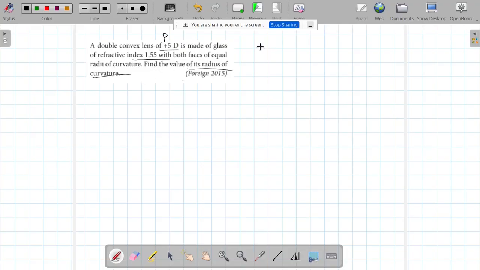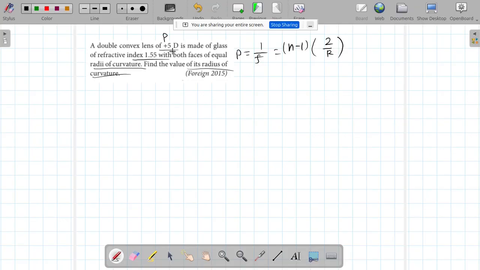So 1 by F equals n minus 1, and here no liquid is placed, so it is 2 by R because they have equal radius of curvature. Therefore the formula becomes this value, and directly you make it as power. P equals 5 plus 5.